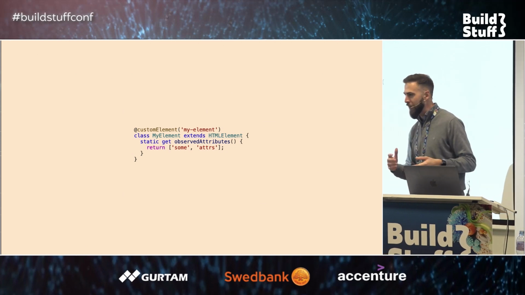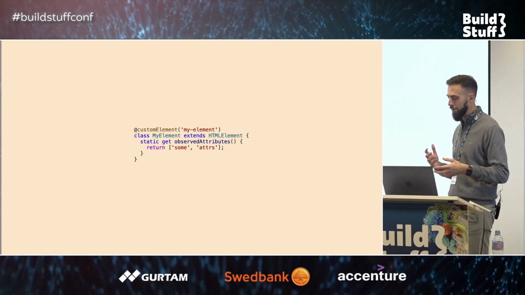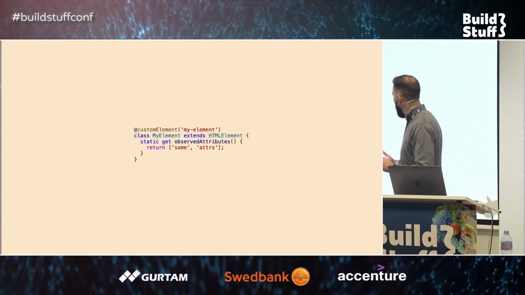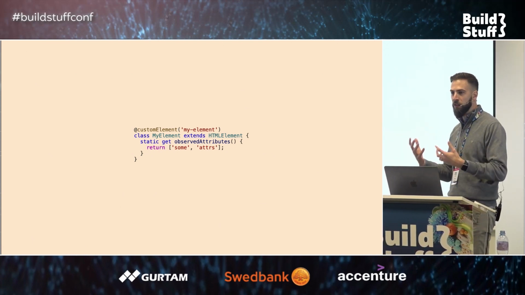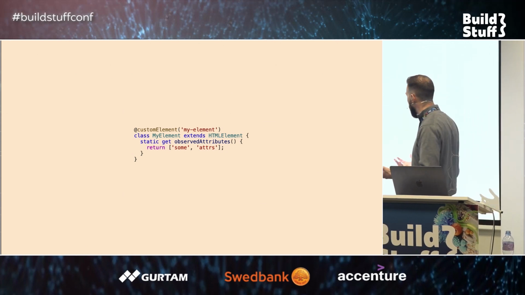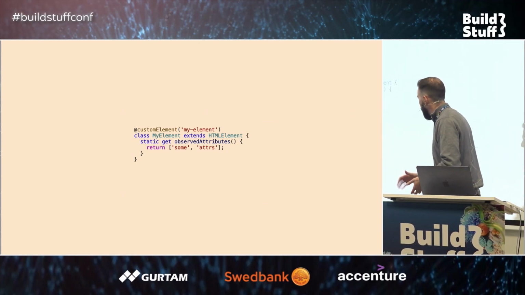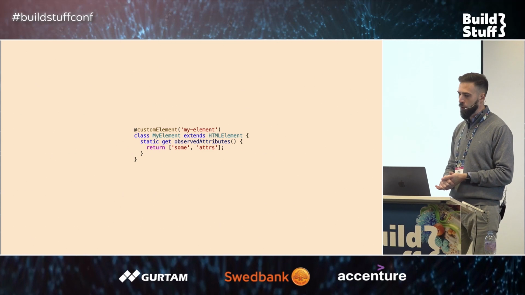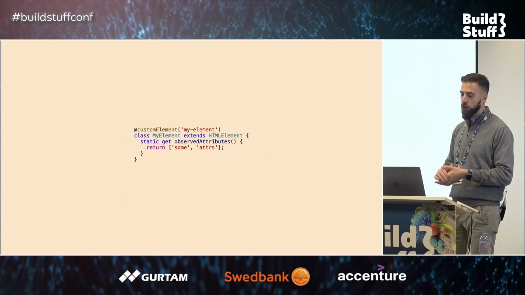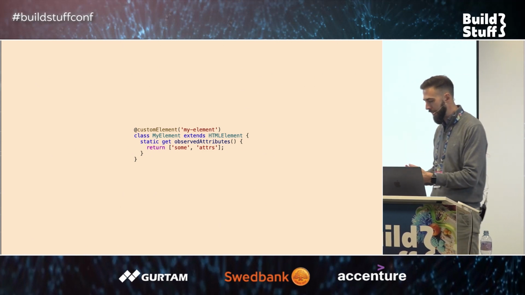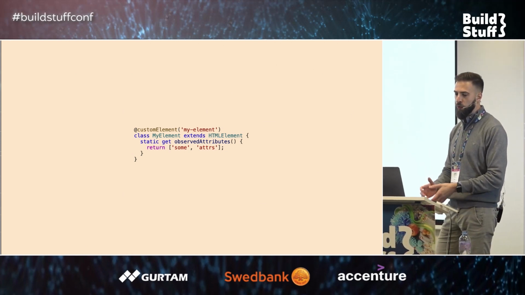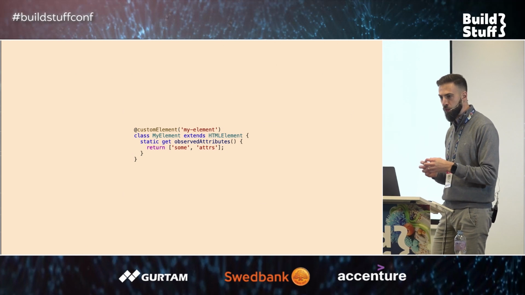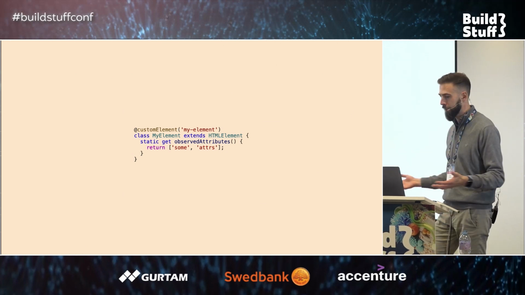So we can write web components basically like this. We have the class myElement. It's going to be a new web component. It extends the HTMLElement. And now to actually use this inside of our application, inside of our DOM, we have to register this new component.